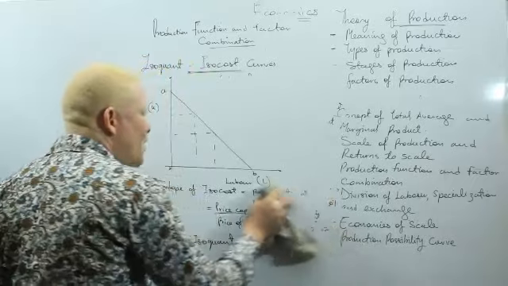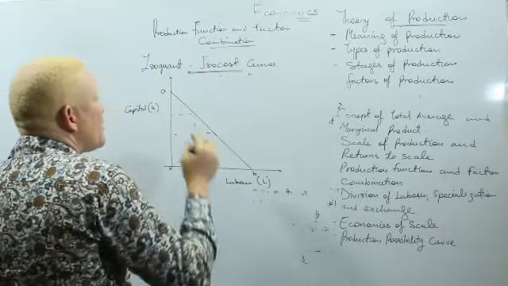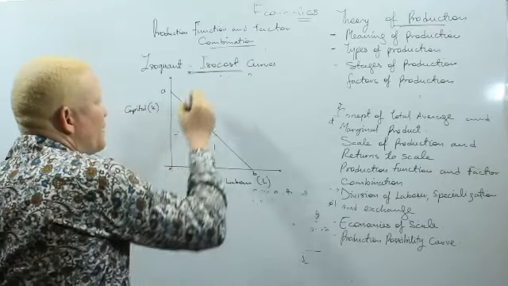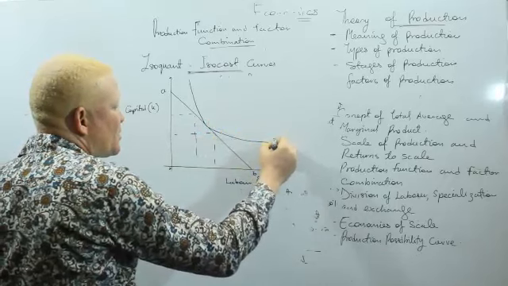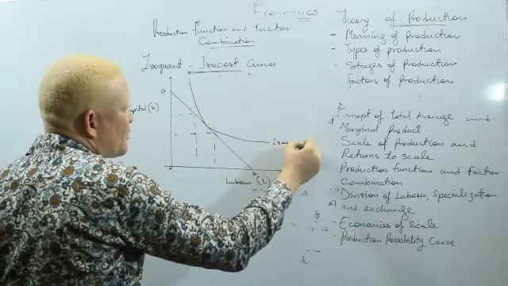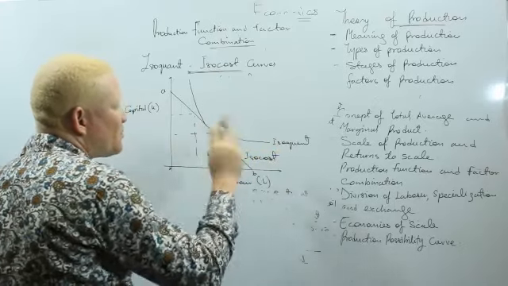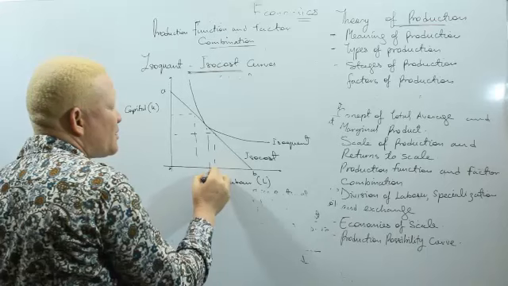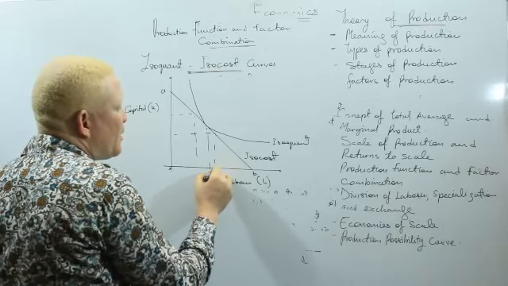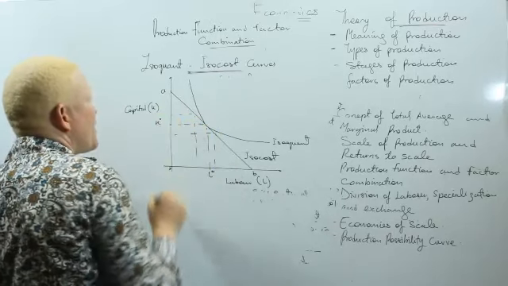But to arrive at that point, the producer, the firm, has to combine his isoquant and isocost. This is the isoquant, and here is the isocost. So by the time you combine these two, you will be employing L* of labor and K* of capital.